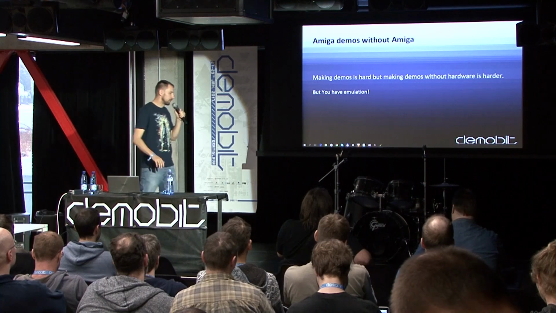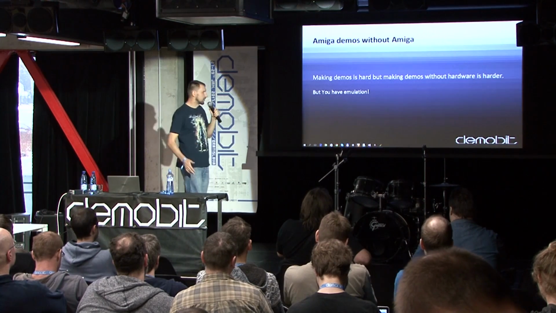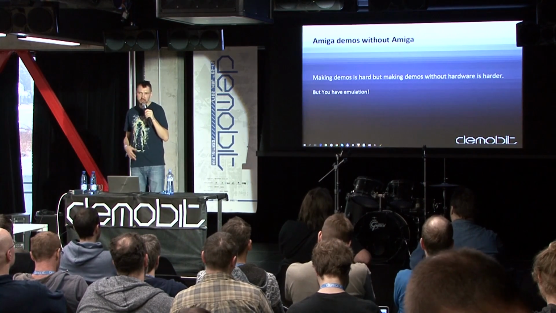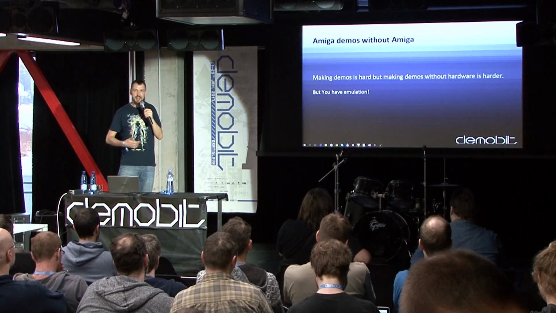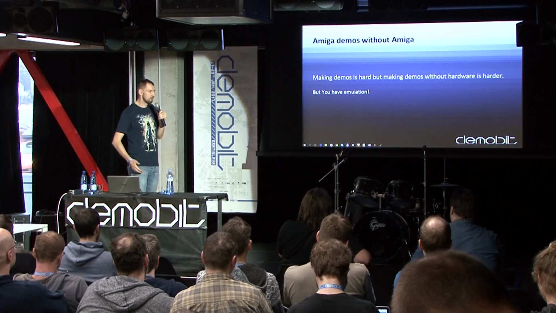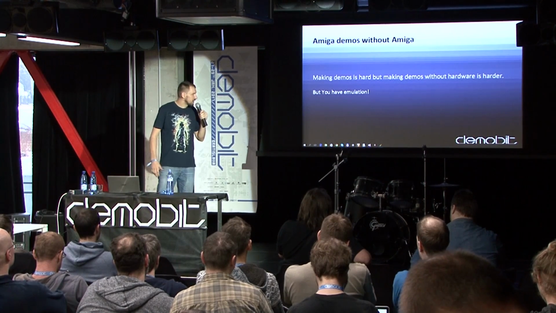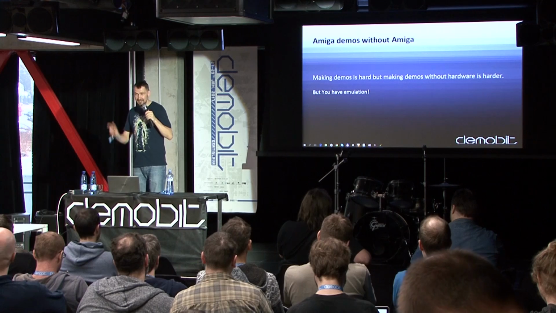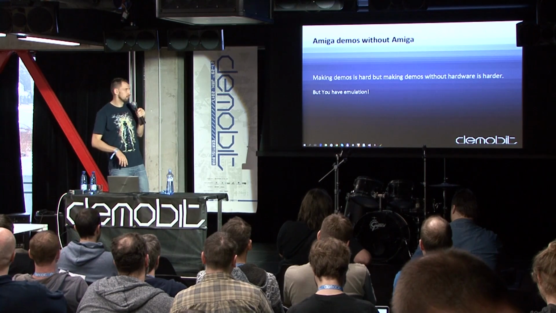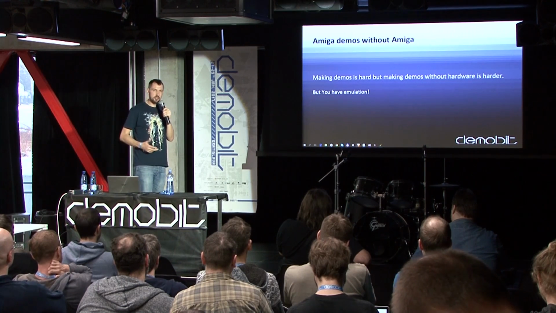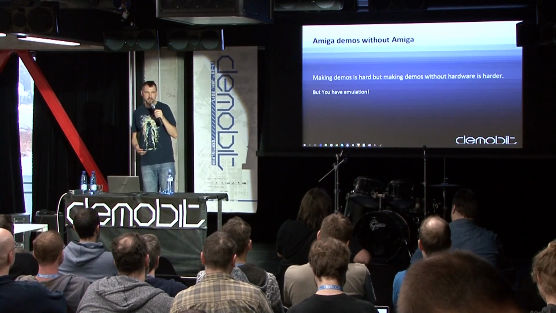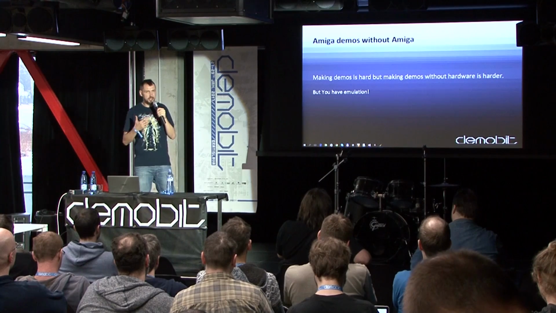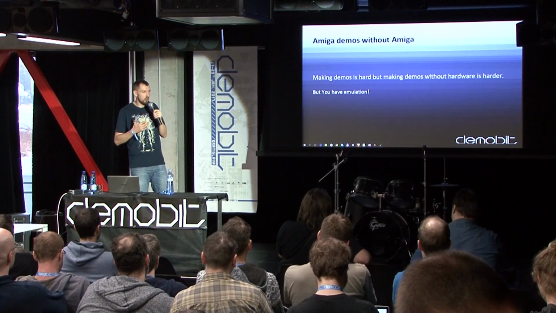Lots of you might ask the question: we have great emulators like WinUAE, where you can run your code and it's going to be great and fantastic. But it's not so great if you want to do high-end Amiga demos, because WinUAE is great when emulating the Amiga 500. It has cycle-exact CPU emulation, exact chipset emulation. It's awesome.